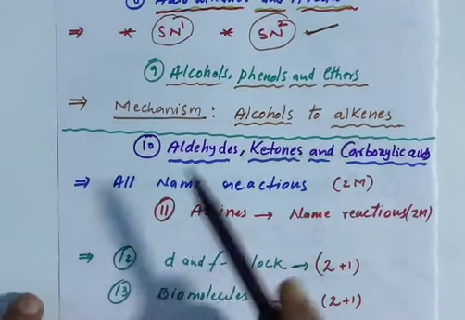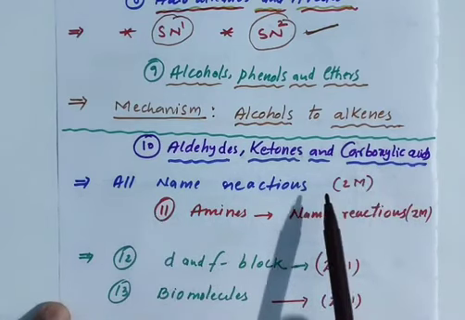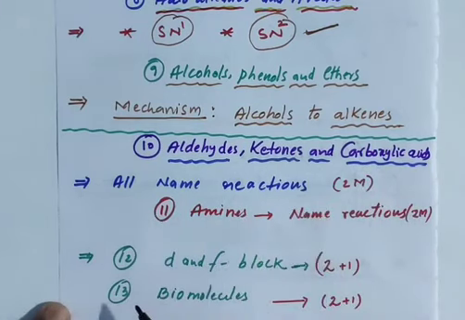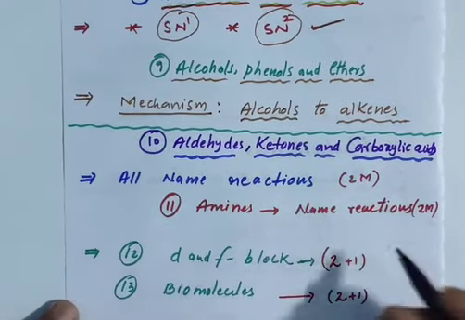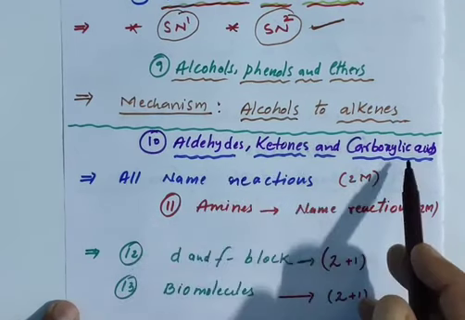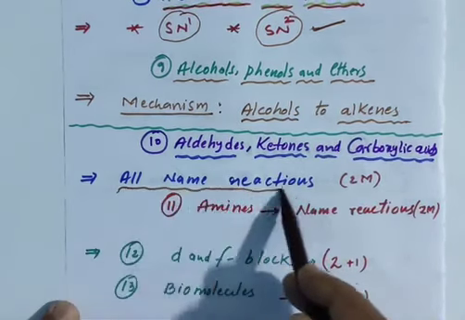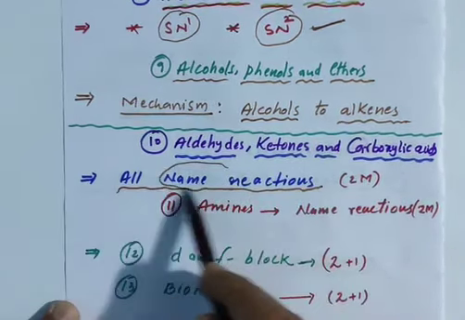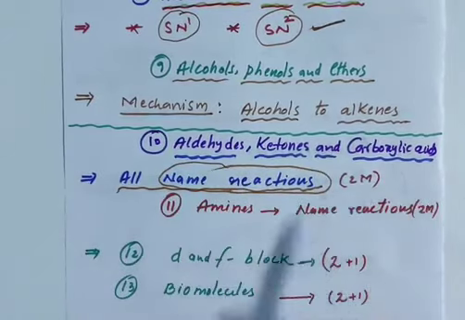In the remaining chapters, aldehydes and ketones, carboxylic acids, amines and biomolecules, you will not get a 3 marks question. If they ask, they will split it as 2 plus 1. In aldehydes, ketones, carboxylic acids and amines, please concentrate on all named reactions. Name reactions are very important, and they will ask them as 2 marks questions.